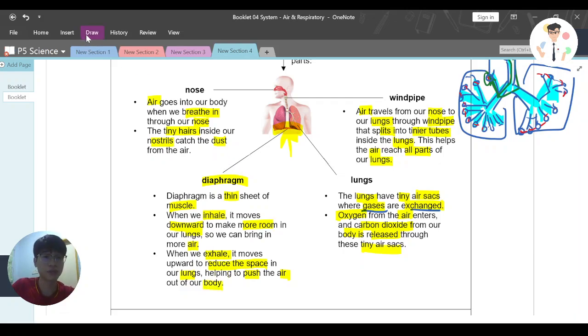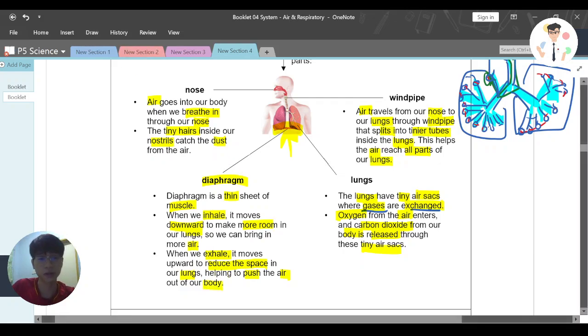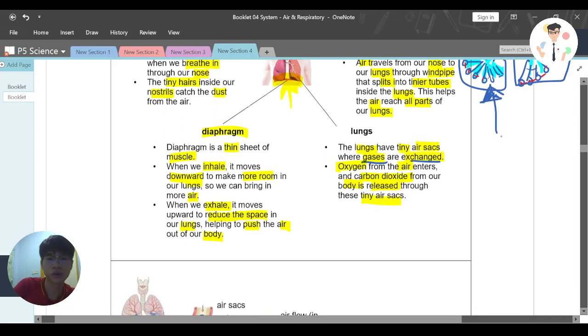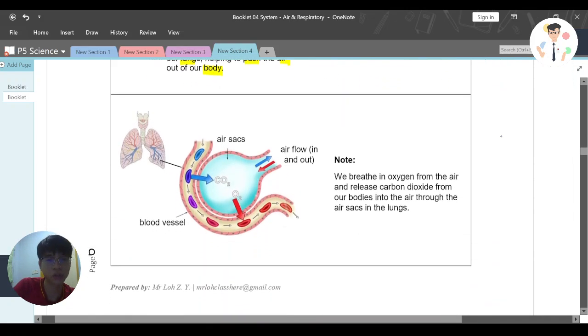This diaphragm is a very important part of the respiratory system. Now let me quickly discuss in more depth this small little part here. As I show you, this is the lung, these are the tiny tubes, and inside these tiny tubes we have all these tiny sacs, with blood vessels around them.